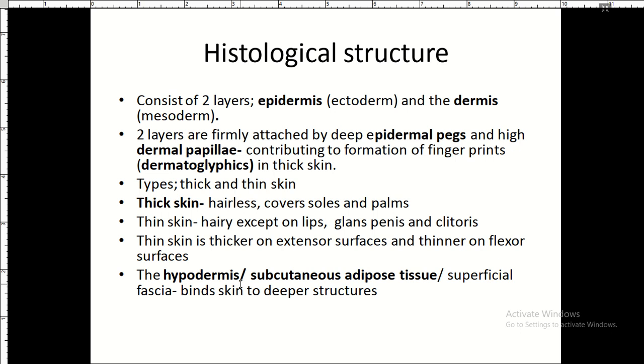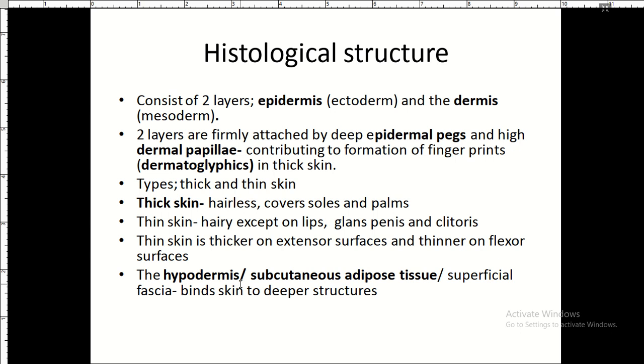The skin is typically divided into two types: thick skin and thin skin. The thick skin is hairless. It covers the soles and the palms. The thin skin has hair, except the lips, the clitoris, the glans penis, and the labia minora.